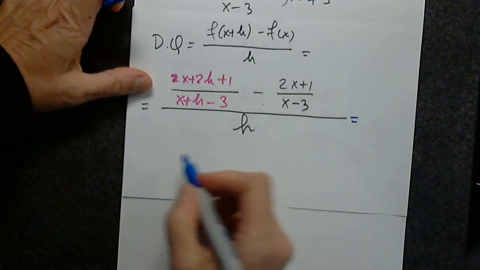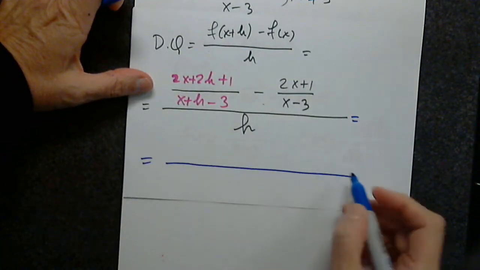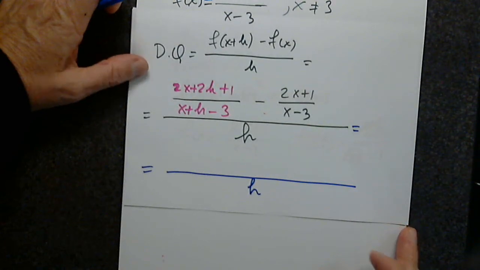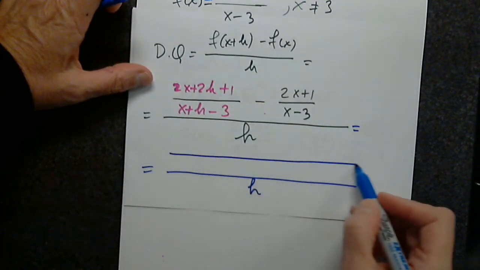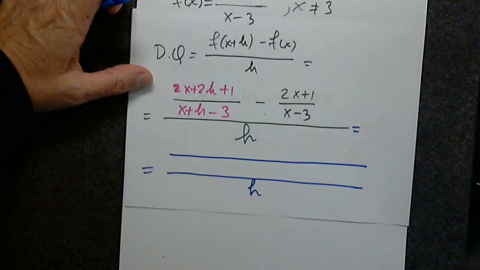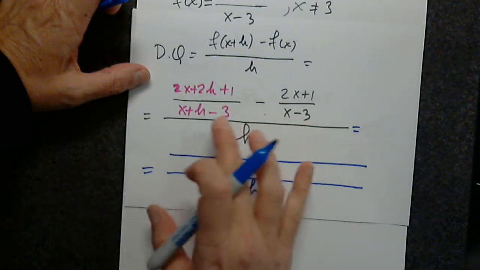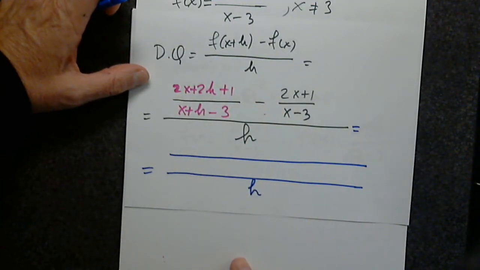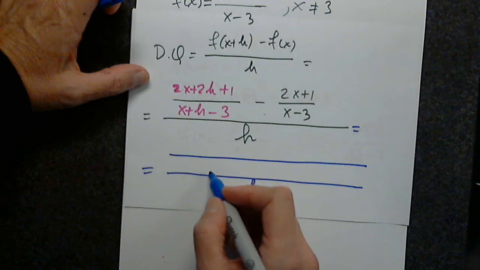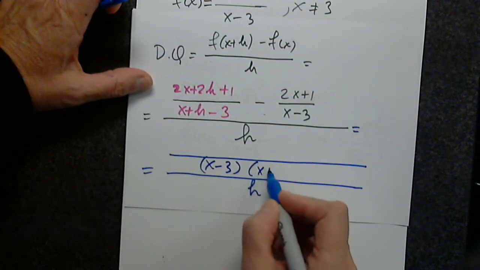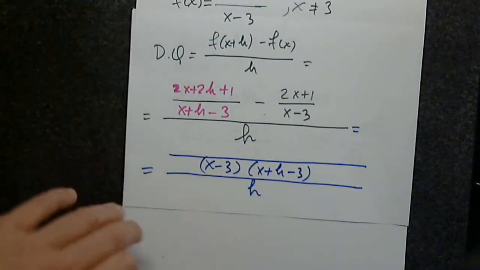Good. So our next step would be to do what? To find the least common denominator, since we are subtracting two fractions. Very good: (x − 3)(x + h − 3).